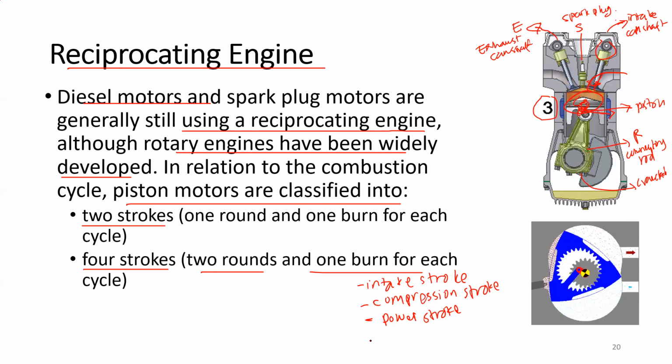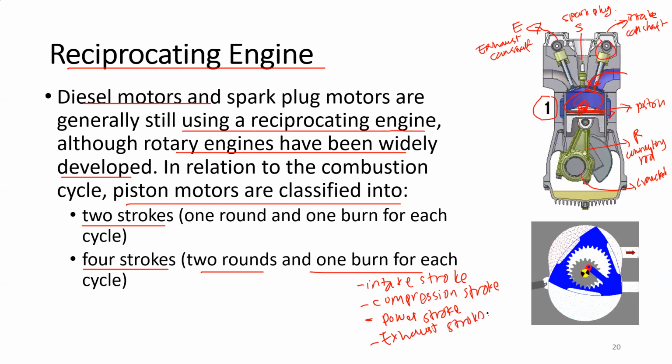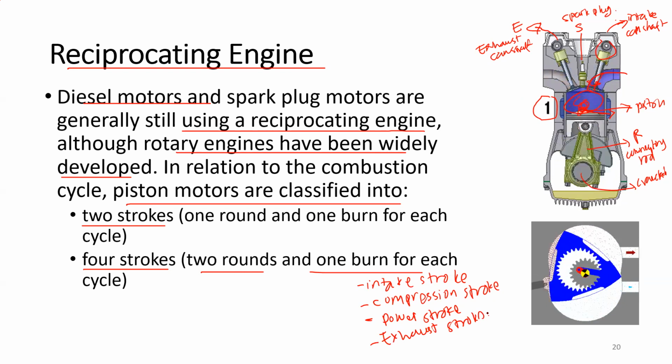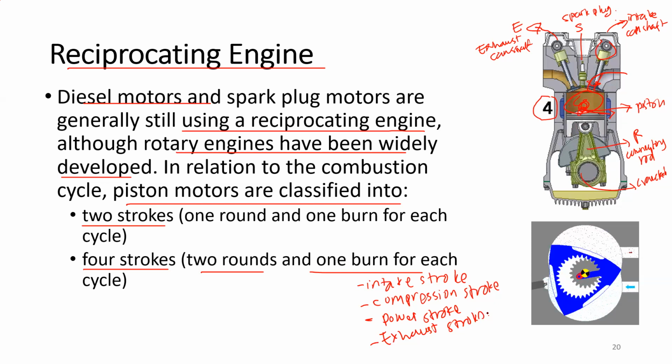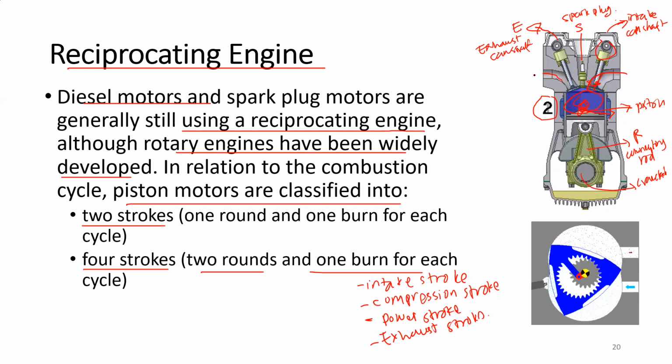And the last one we call the exhaust stroke. The engine continues to rotate and the piston again moves upward in the cylinder, and the exhaust valve in the fourth step will be open, denoted by the yellow color.